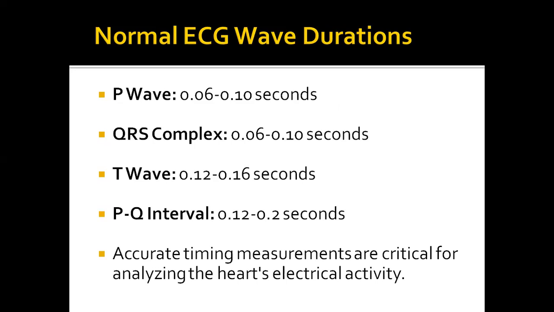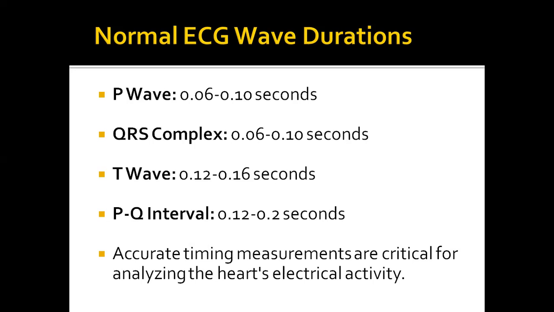Here are the normal durations for ECG waveforms. The P wave and QRS complex both last 0.06 to 0.1 second. The T wave is slightly longer at 0.12 to 0.16 seconds.